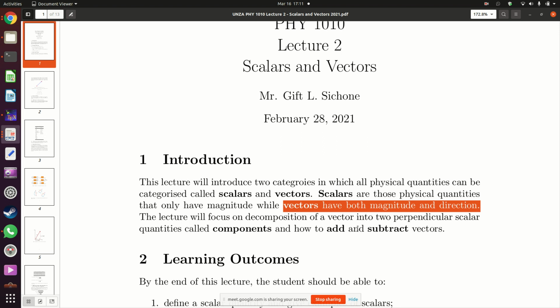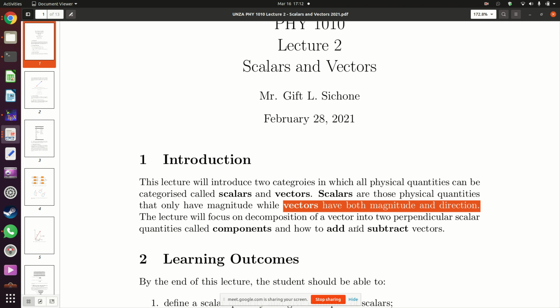But on the other hand, if you say you ran a distance of 100 meters towards the east, that's different because in that case there is how much distance you covered and there is also the direction in which you covered it. So distance in a specific direction, that is what's referred to as displacement. So there is distance and there's something called displacement.